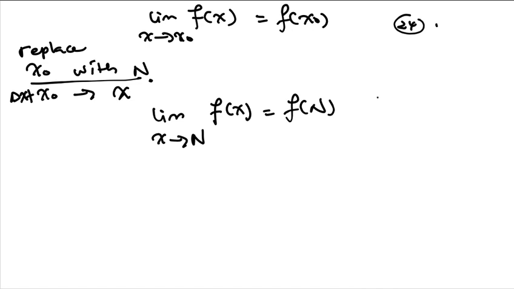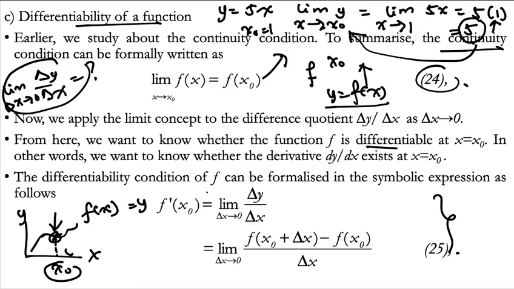Now, this I call 24a. We also learned that the limit of the difference quotient can be rewritten as 25 here.